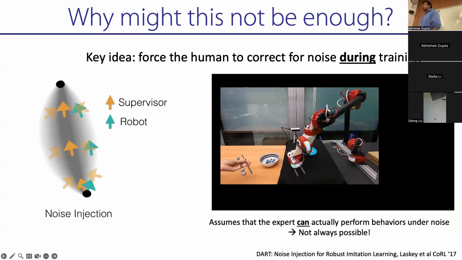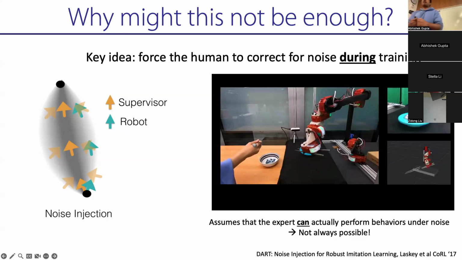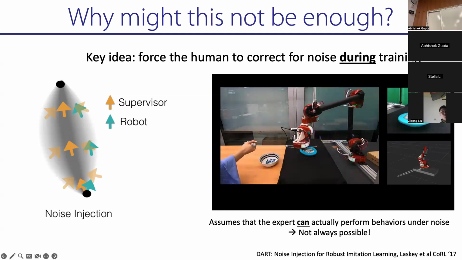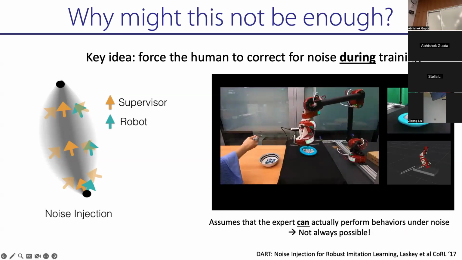So while it's okay in certain scenarios, in other scenarios, it's not acceptable to have noise during data collection. Here they were trying to do manipulation with chopsticks. Imagine trying to do that with noise added to your data collection. It's hard to do already, but with noise, it's pretty hard. This is not always possible.